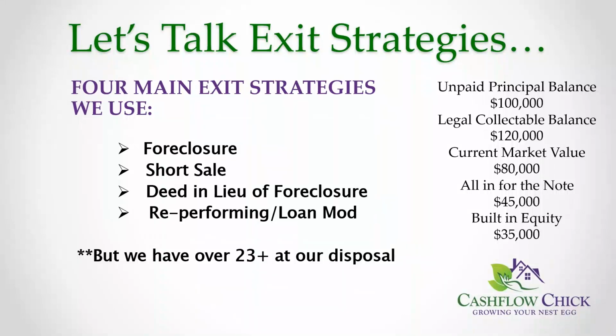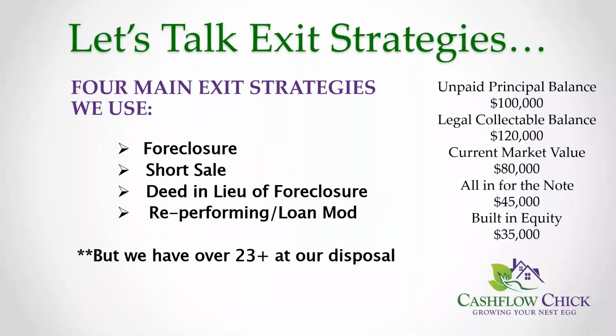Reperforming loans. Reperforming loans are my favorite exit strategy, especially when working with residential, because I get to work with the borrower to keep them in their home. In the example with the $120,000 that's owed, just because the current market value of the property is $80,000, that doesn't mean I have to reduce the loan amount to $80,000. What if we incentivized our borrower on a trial payment plan that gets converted to a permanent loan modification?